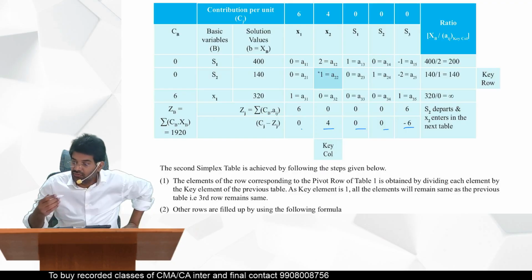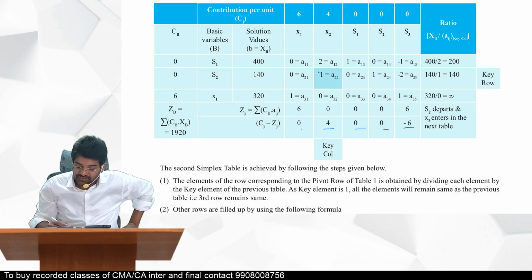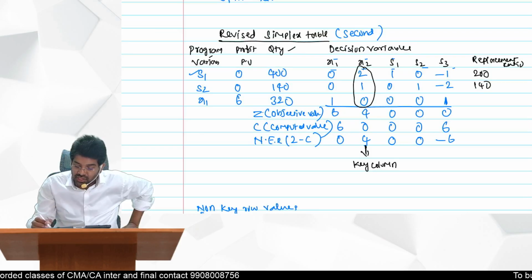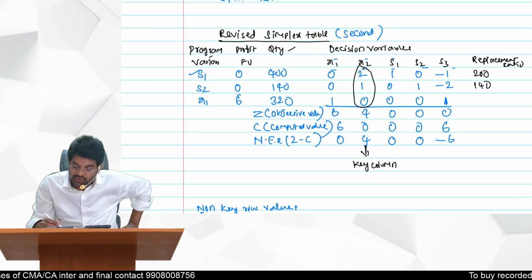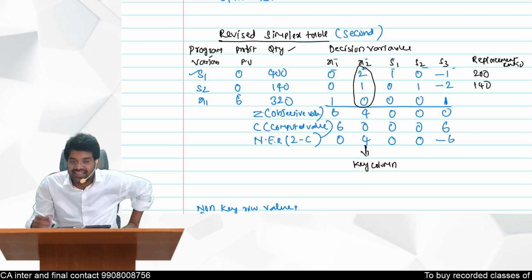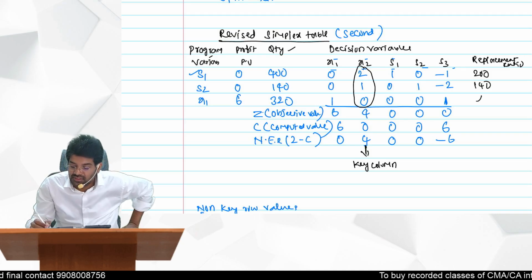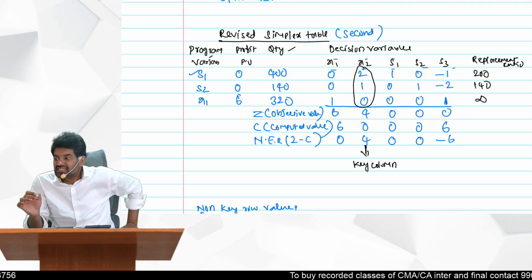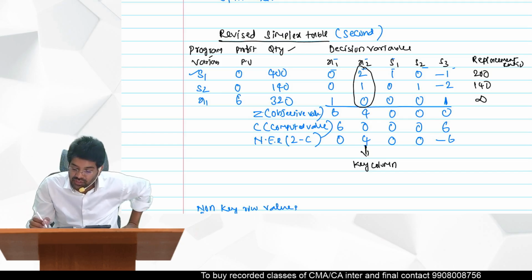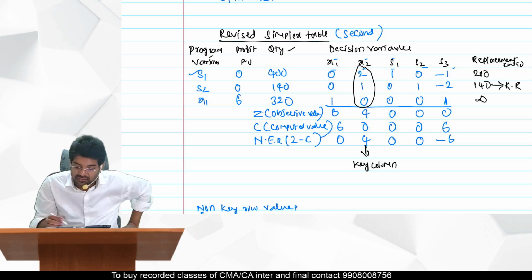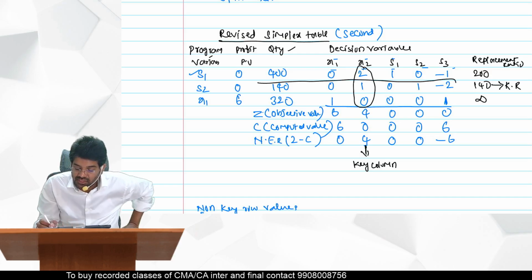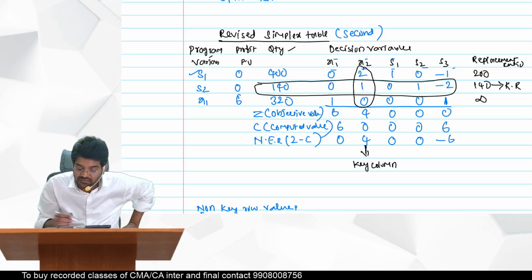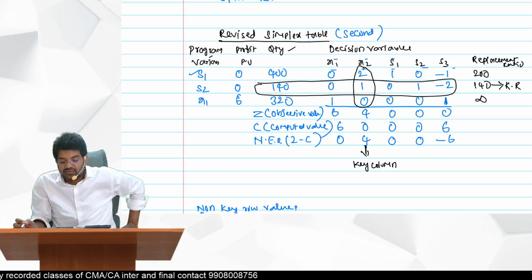Anything divided by 0 is undefined, infinite. Out of these, the least non-negative value is this one. This is your key row.